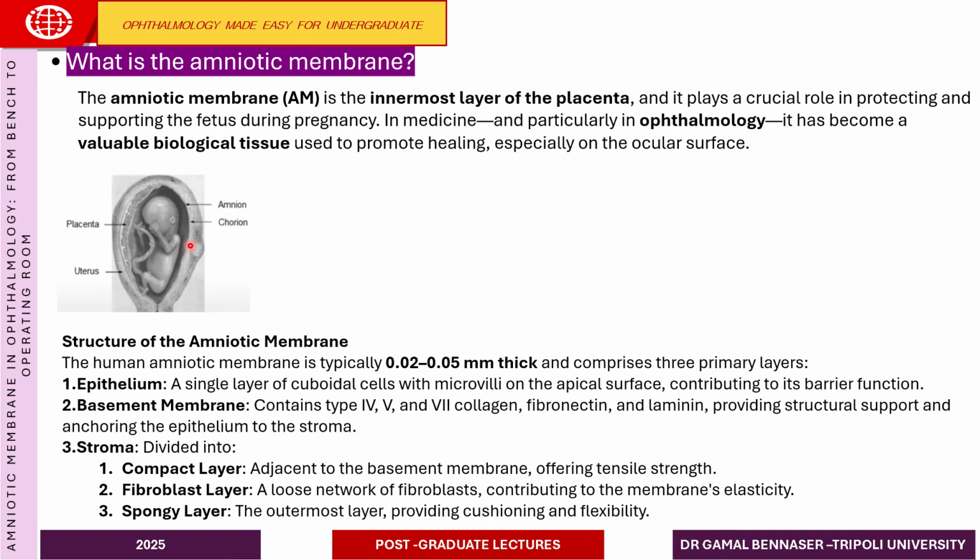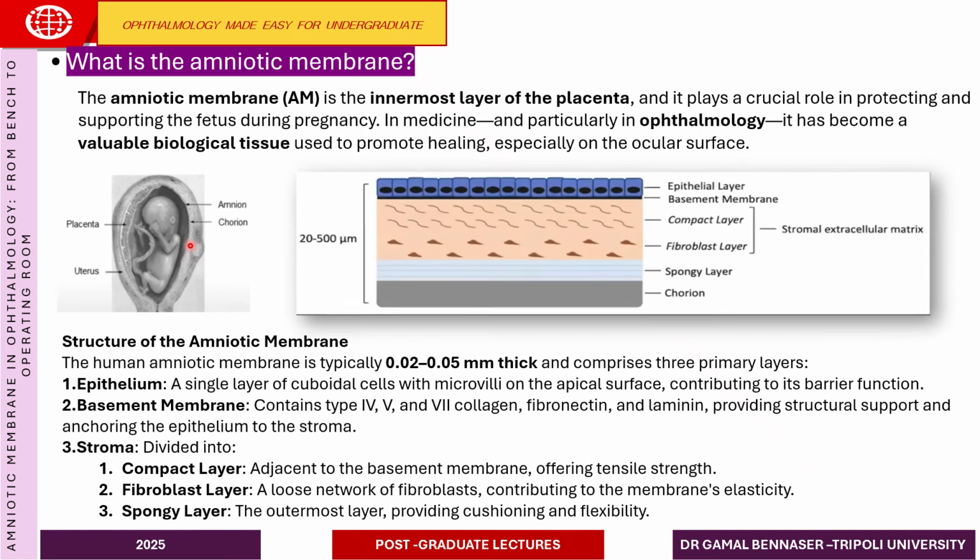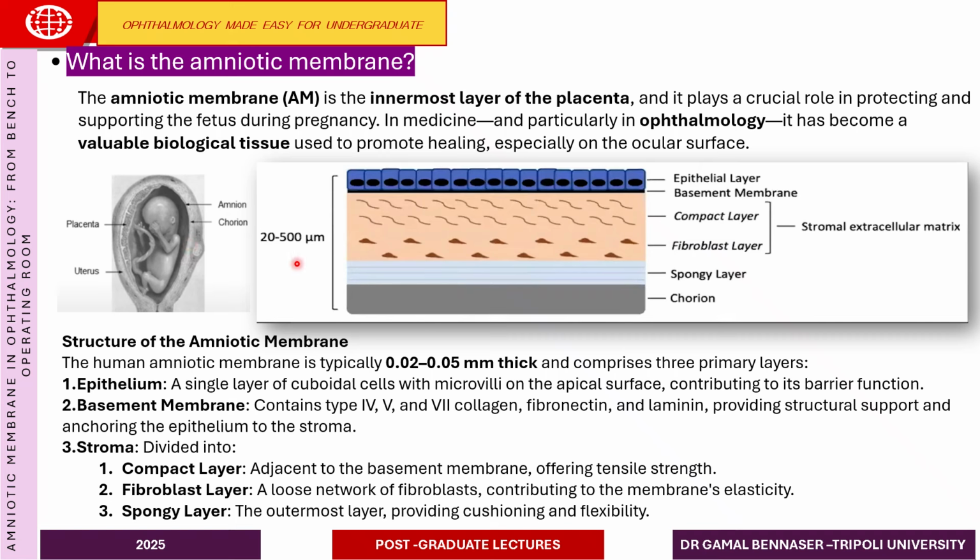And this amniotic membrane is a very thin layer, 0.2 to 0.5 millimeter, and it is made up of 5 layers: the epithelium and the basement membrane from one side, and the stroma, which is made up of the compact layer, fibroblast layer, and the spongy layer.